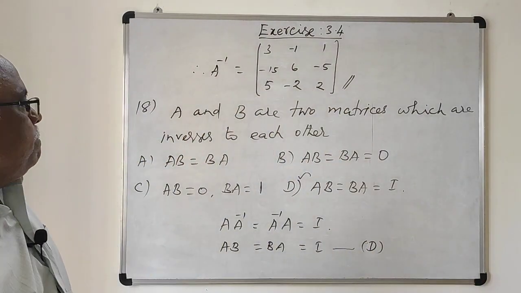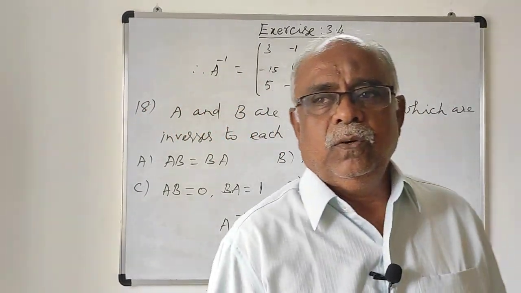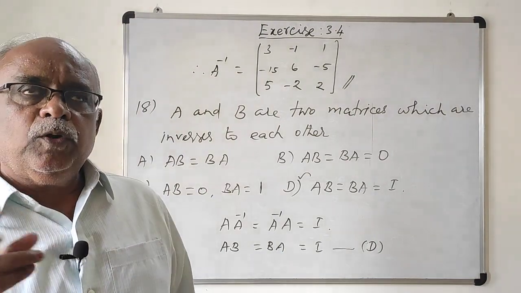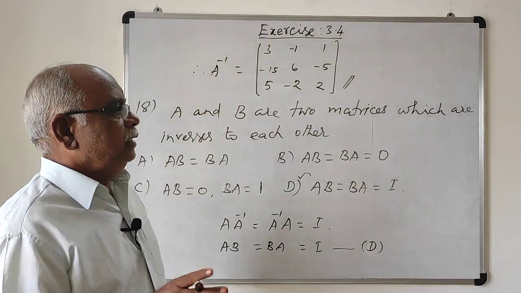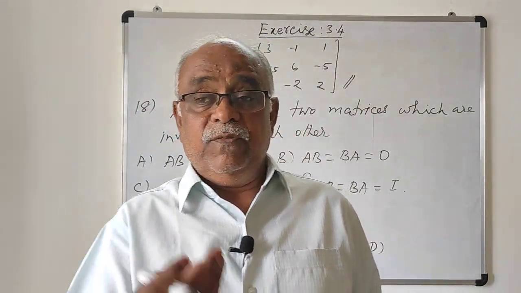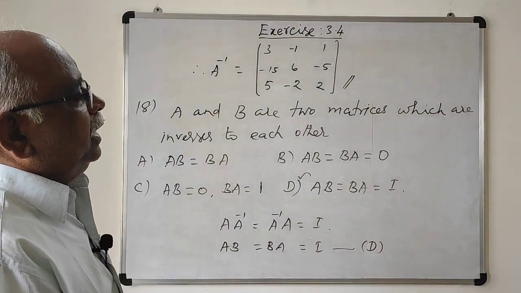That's all about the problem. So exercise 3.4 we have completed. And one more thing, if a 2 by 2 matrix is given and you find the inverse of a 2 by 2 matrix, if the inverse exists, you can say so.